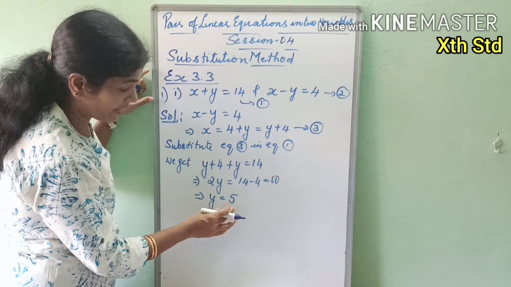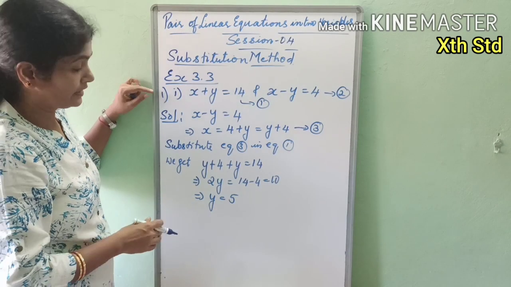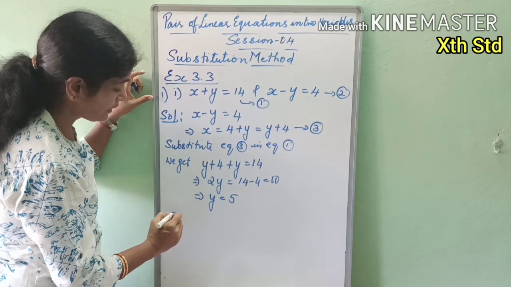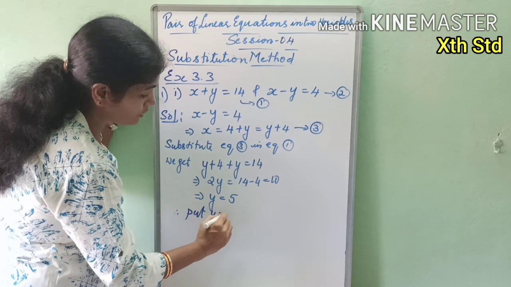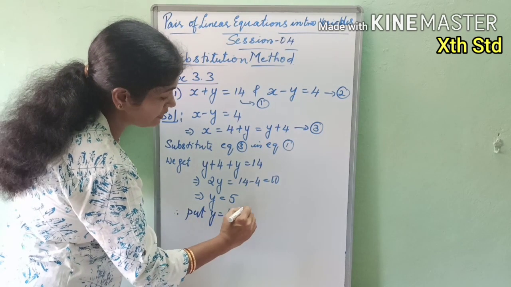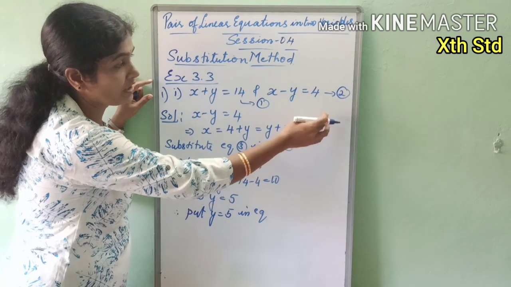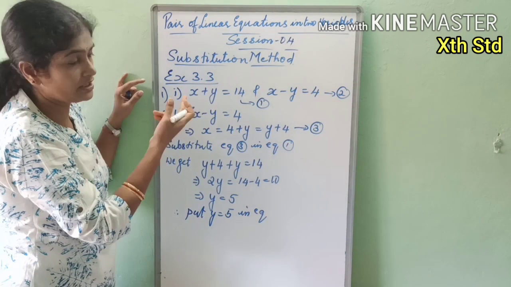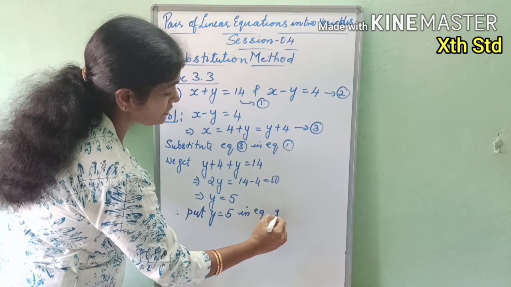Now you have got the solution for one variable, find out the other. Therefore, put y equal to 5 in an equation. You can put it in equation 3, or 2, or even 1. I am putting it in equation 3.